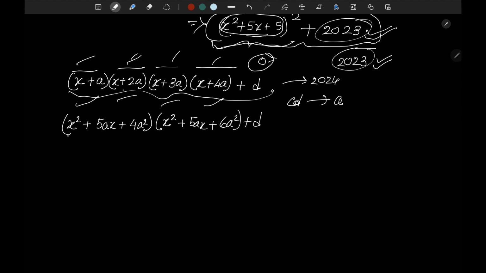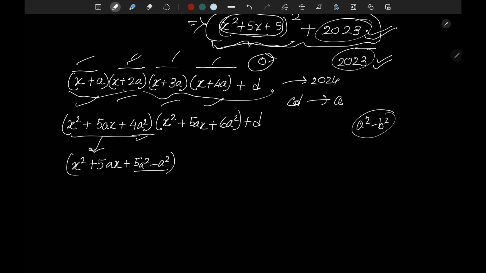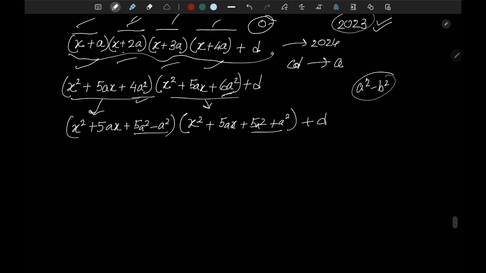Now we again have to look for a situation where we will have some A² − b². So we can write this one as x² + 5ax + 5a² − a², which gives you 4a². And for this one we will write x² + 5ax + 5a² + a², because this gives you 6a², and then we have this plus d.